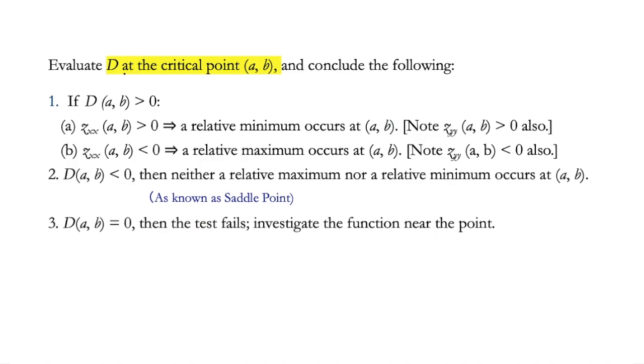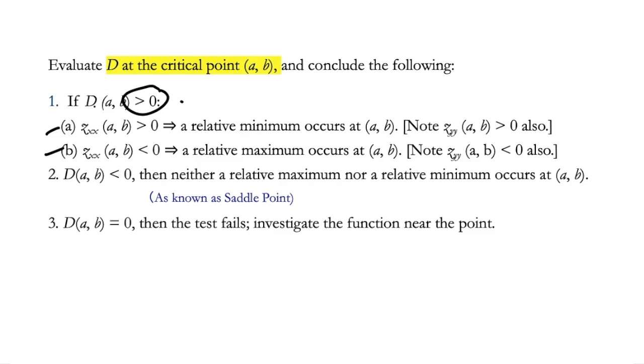We need to check D at the critical point of A and B, and if the D that we have calculated is greater than 0, then we have two possibilities, because remember, we need to decide whether it's minimum or maximum, the test of maxima and minima.